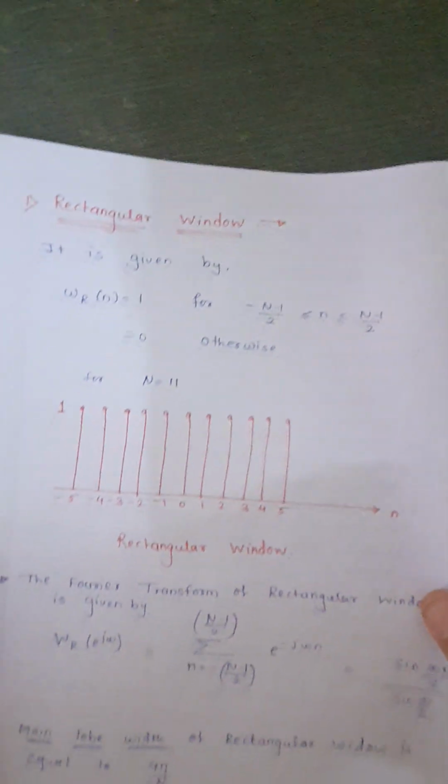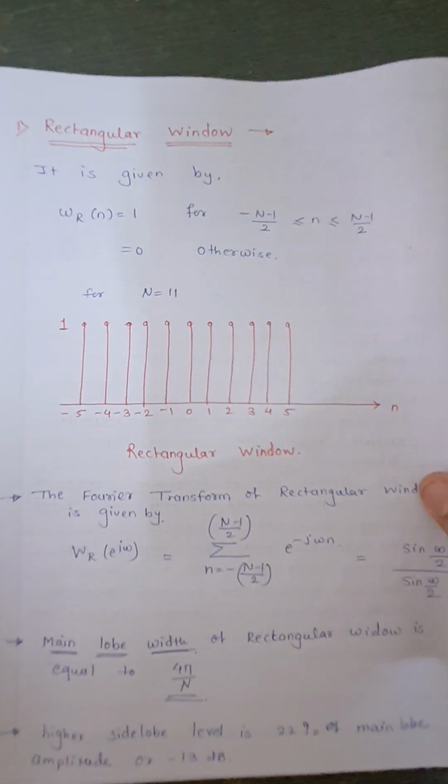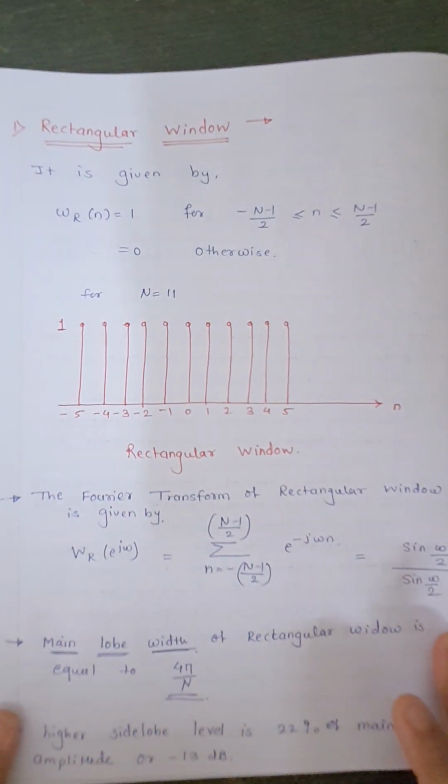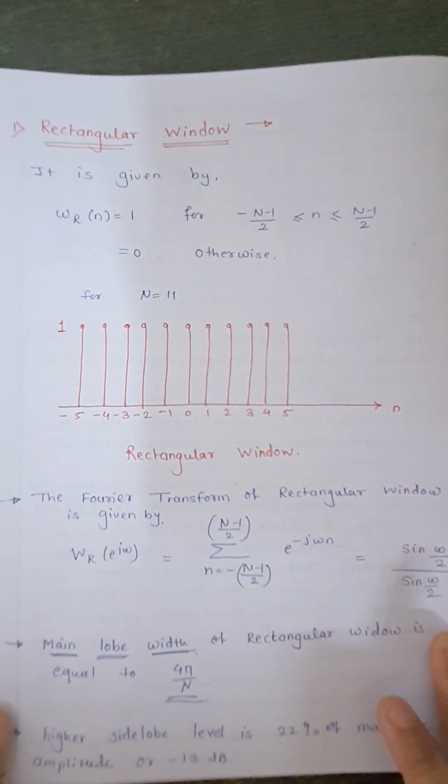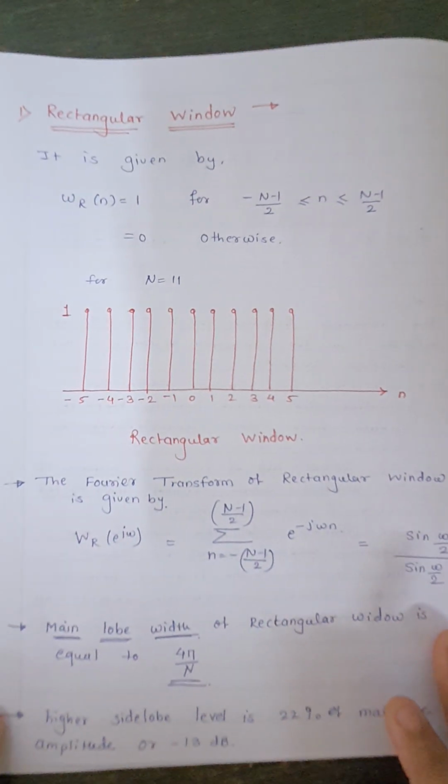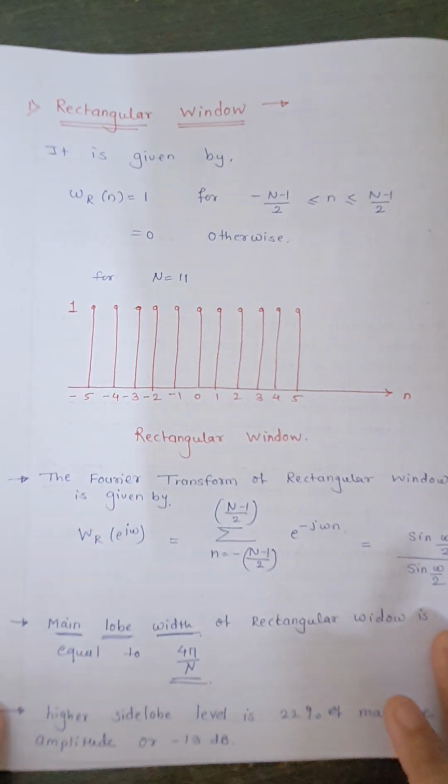There are various windows that can be used to design a FIR filter. So one of the windows is the rectangular window. The structure of this window is like a rectangle or a box type, so it is also known as a boxcar window.